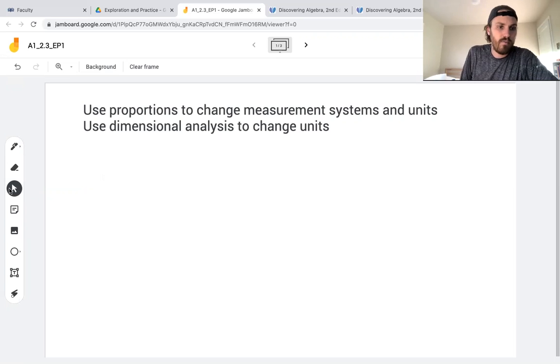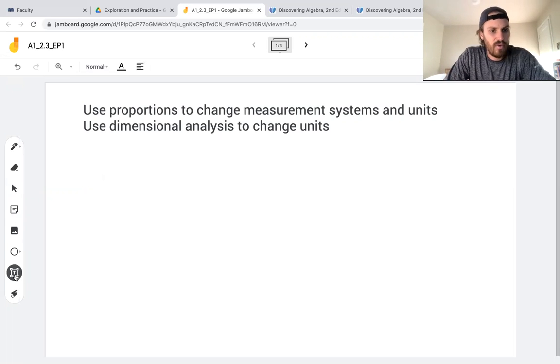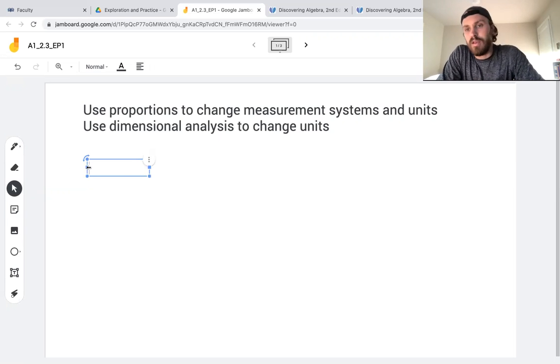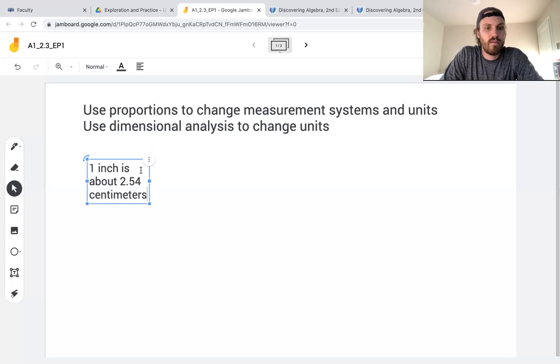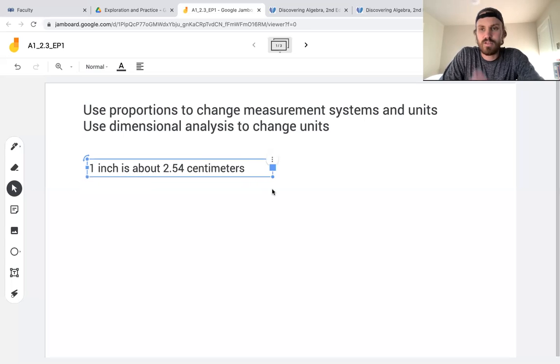So I want to show you an example of how a proportion might go. So one thing we know, and you may not know this, and that's fine, is that 1 inch is about 2.54 centimeters. Okay, so we know that that's true.